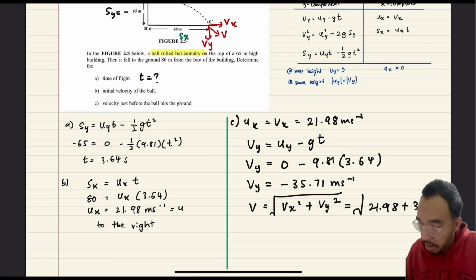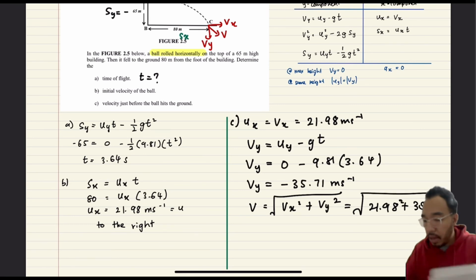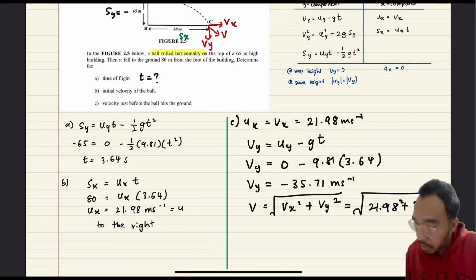I didn't write the negative because I don't have enough space, plus it's a square anyway, so that one should be okay. And now 21.98 square plus 35.71 square. Take the square root. I got here is 41.93.